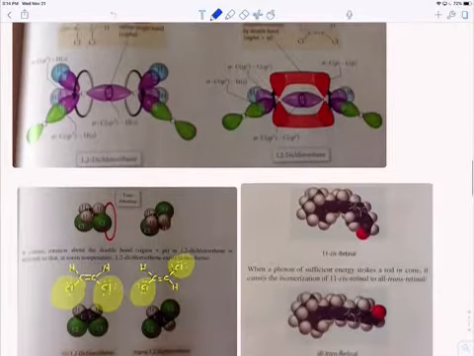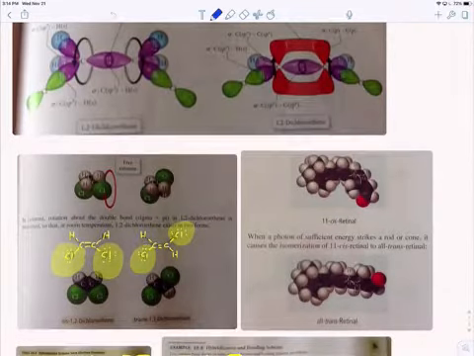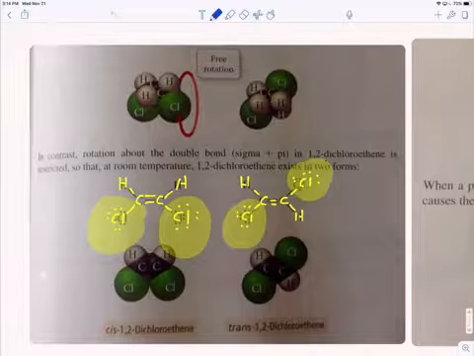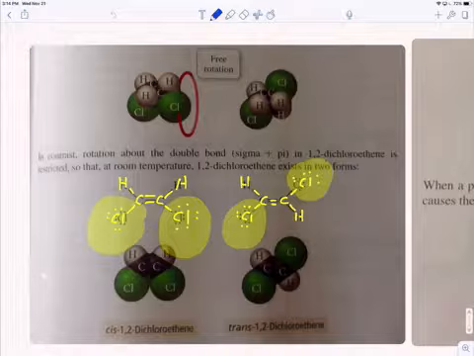And an example of that here. If you see this molecule, this is 1,2-dichloroethane, all single bonds, and this molecule can freely rotate. The chlorine can go wherever it wants.